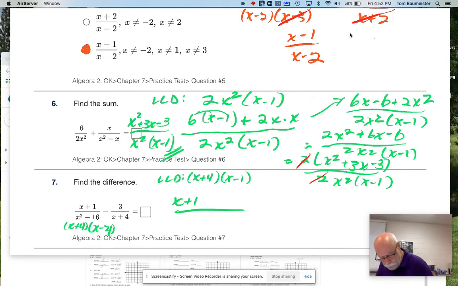It's x minus 4, I'm sorry. So on that one there, I don't have an x minus 4 on the bottom on the second one there. So I would put it as 3 times x minus 4. And all of that is over our x plus 4, x minus 4.